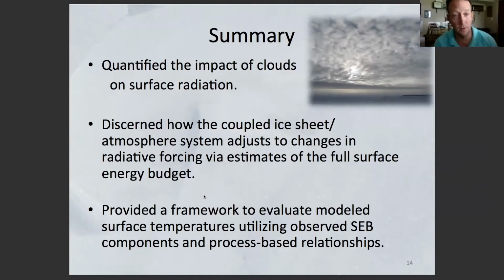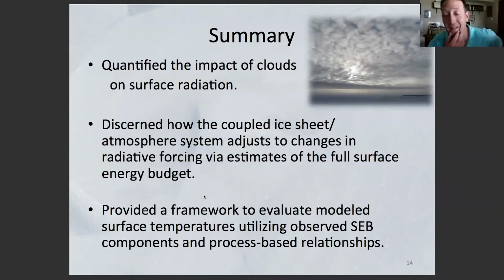And then we've discerned how the coupled ice sheet interactions, how the system adjusts to changes in this forcing. And so we've come up with estimates of the surface energy budget to relate the forcing terms to the response terms to provide a framework to evaluate either reanalysis or the global climate models.